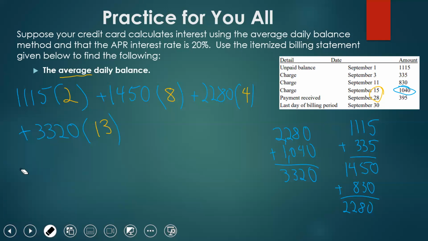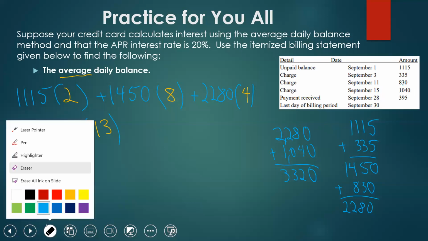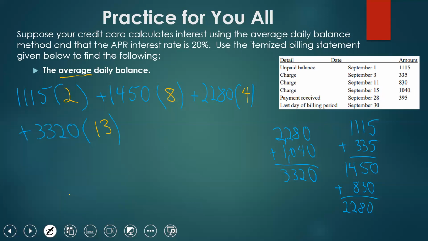And then we have to be careful with this next step because the balance is going to change again on September 28th. There is a, as it says, payment received of $395. Now, with a credit card, if payment is received, that means that some money is being paid towards the balance on the card.